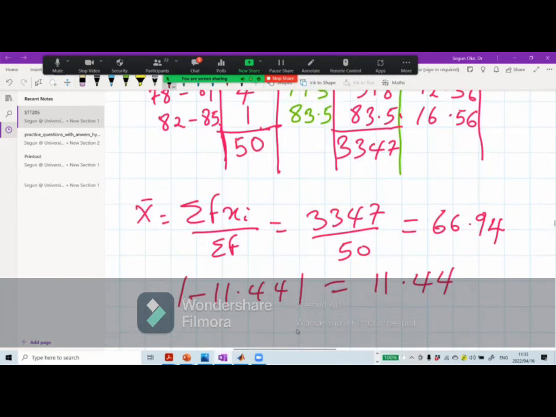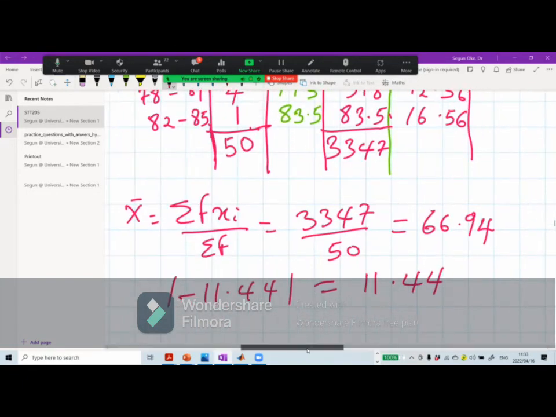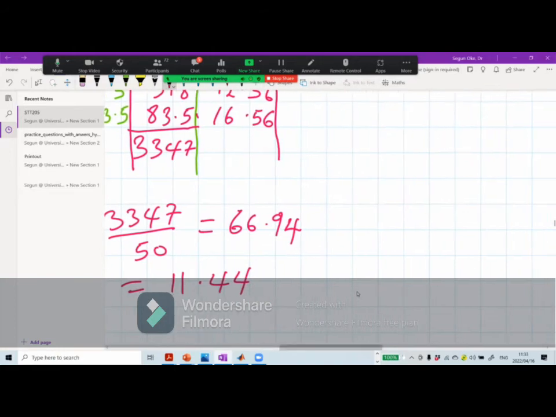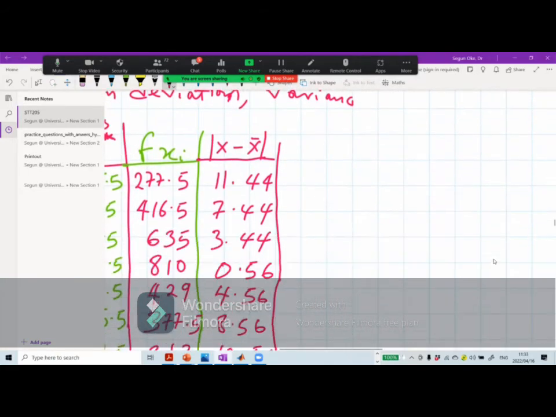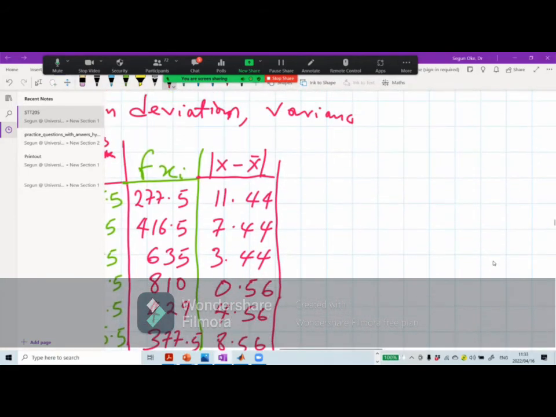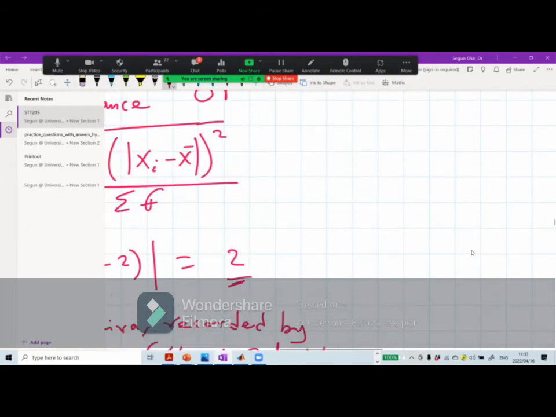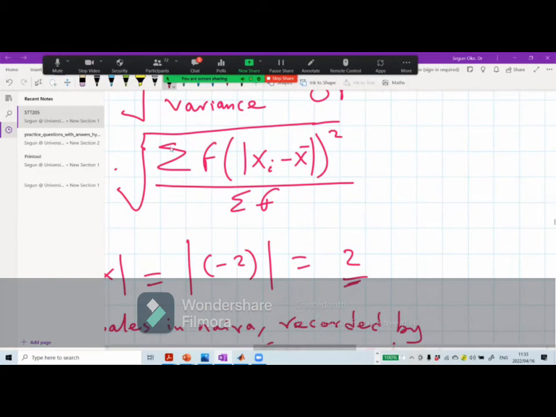Okay, good. Now that we have the idea of where we are going and how to get there, we are getting there gradually. From your formula, don't forget, it says summation f multiplied by this.